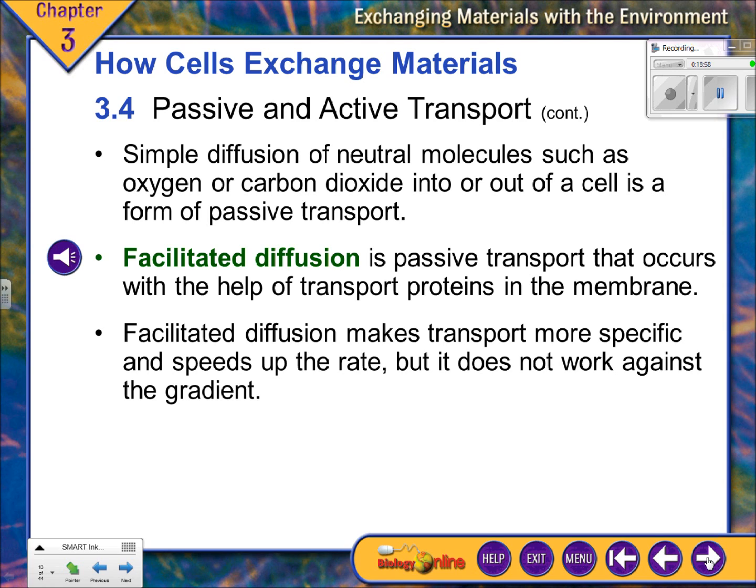Now I have this one memorized by thinking of a facility. Most facilities try and help people, like hospitals and schools and libraries, right? So all this has is a helper protein that basically is like an open door for a particular type of molecule to go in and out freely, like water has one.